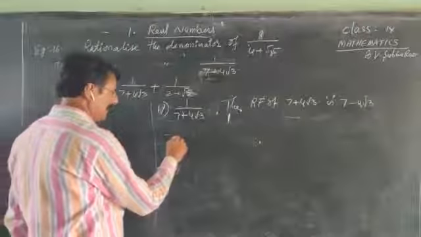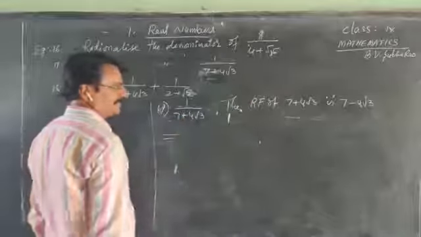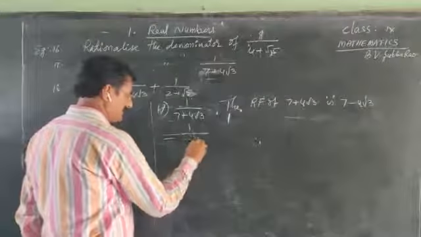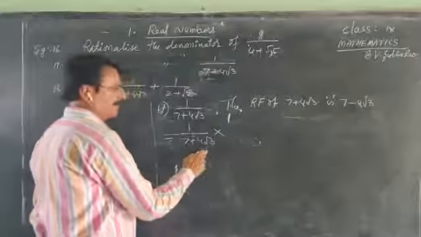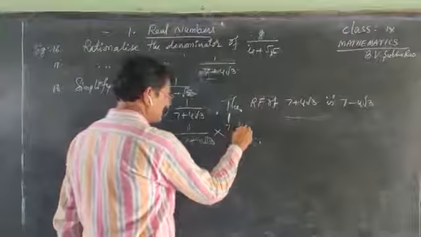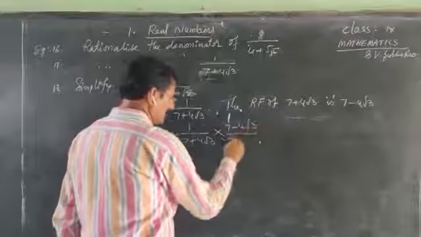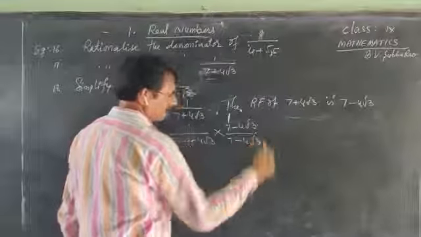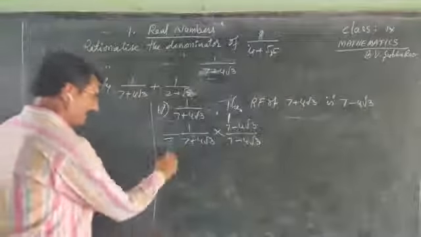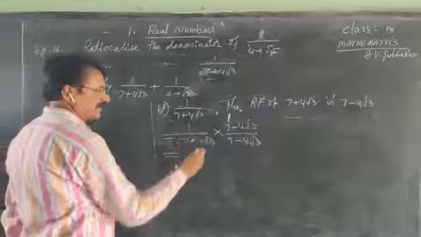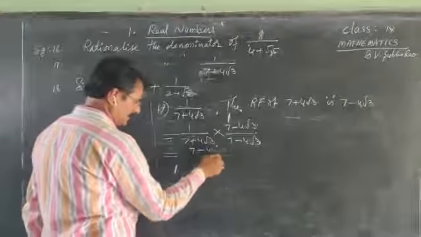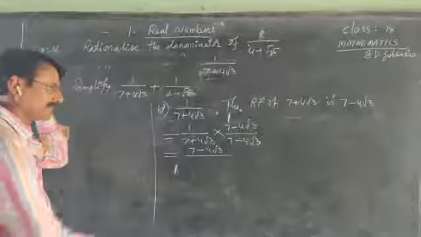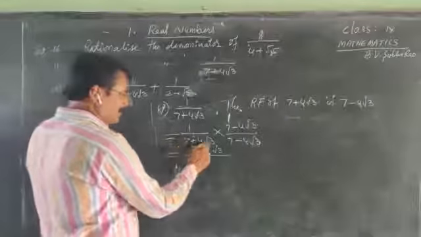Now multiply this one by the RF. 1 by 7 plus 4 root 3, into 7 minus 4 root 3 by 7 minus 4 root 3, both numerator and denominator. 1 into something equals something, 7 minus 4 root 3 by, next let a equal 7 and b equal 4 root 3.